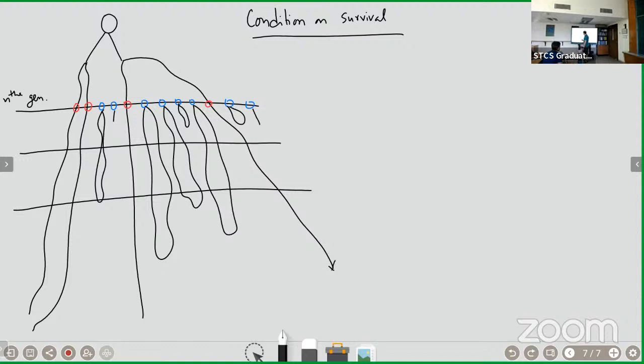These are the arrows going off to infinity. The red nodes are the ones connected to the infinite tree below, while the blue ones have only a finite tree below. What do you want to find? You want to find, conditioned on survival, the distribution of the number of red particles in any generation.